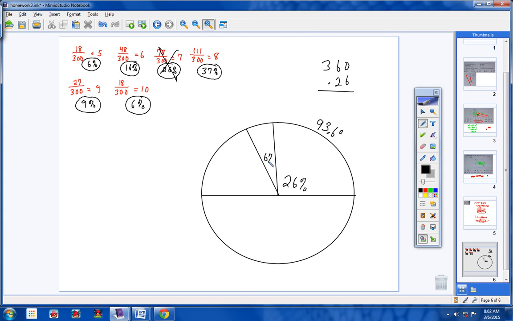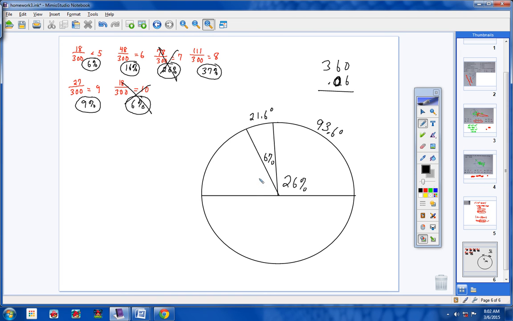Alright, so there we go. Now, if you'll take 0.06 times 360, you will get 21.6 degrees because you're taking 6% of 360 degrees. Okay, so far we got 26%, and we have 6% taken care of.